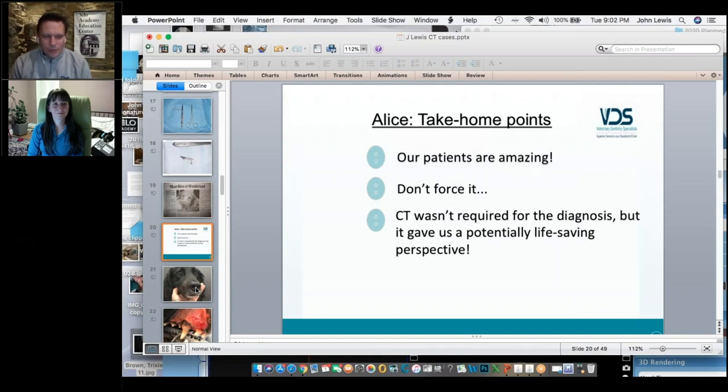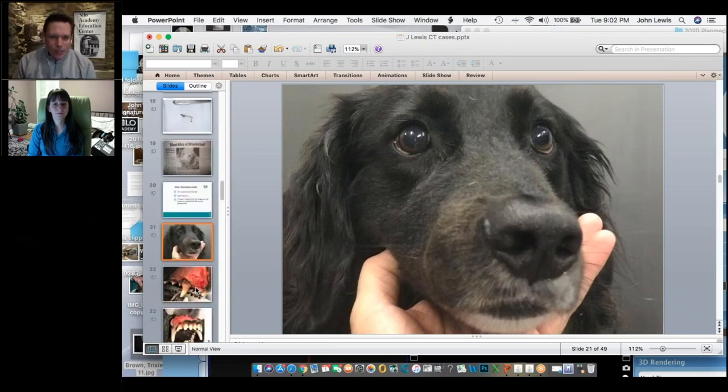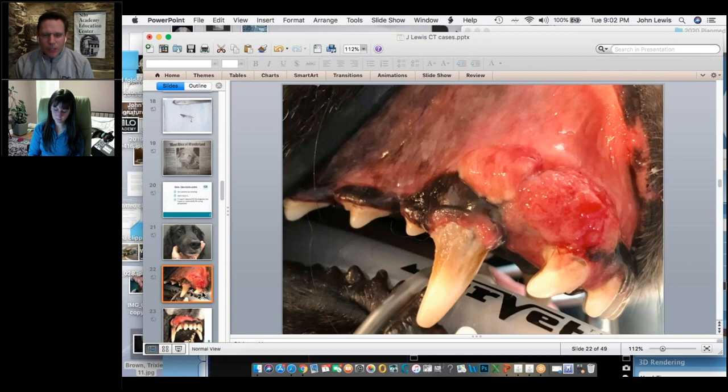So the next case I'm going to talk about is Bear. Bear is a 7-year-old Labrador mix that had presented for a papillary squamous cell carcinoma. You can see that we have a diffuse swelling in the area of the right rostral maxilla. And here's what it looks like clinically.